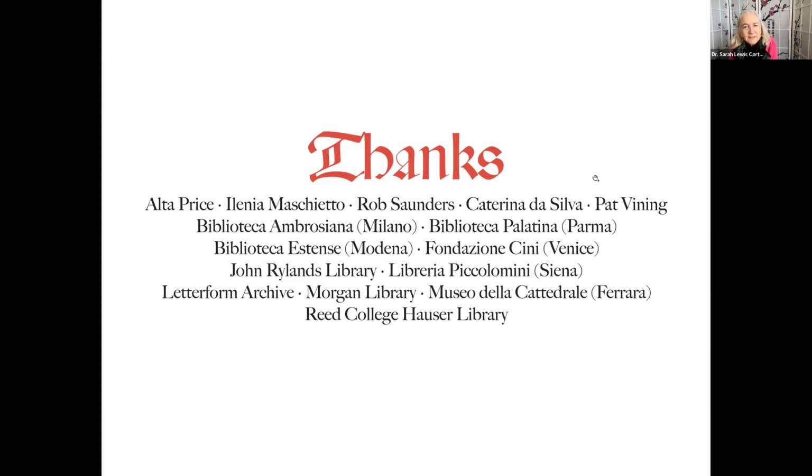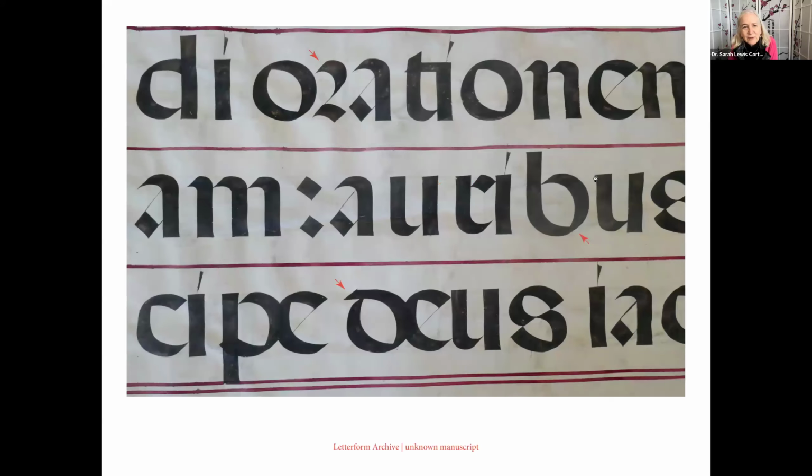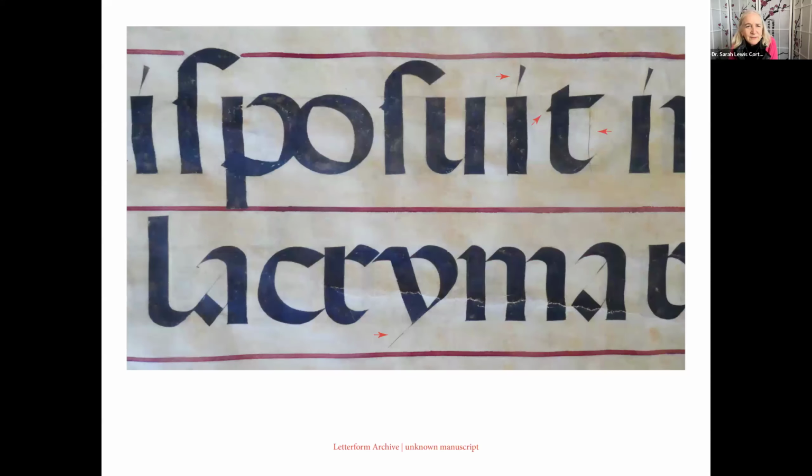Go ahead. Yeah, about the second to last example that you showed in the antiphonal that had the red lines. I noticed that the line was drawn with a break at the ascender for the letter F, the one just before the arrow right there.